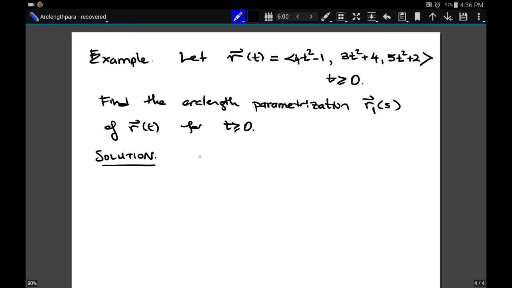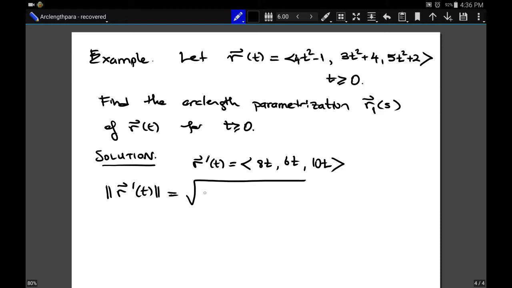First of all, I need the derivative magnitude of r prime, but let's compute r prime first. If you differentiate, you get 8t, 6t, and 10t. So let's compute the magnitude of r prime: the square root of 8t squared plus 6t squared plus 10t squared.